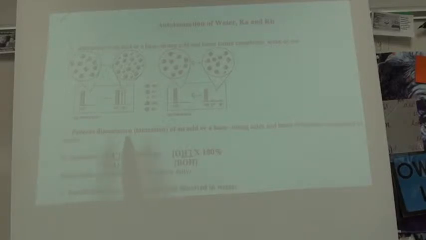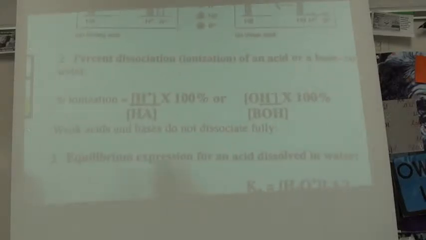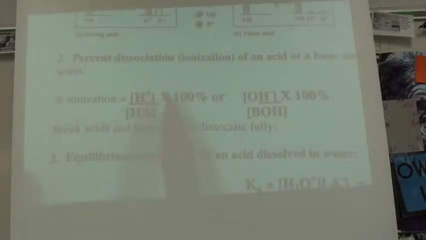For anything that is weak, that would be the opposite of the strong, you can use this formula. The percent ionization of an acid is equal to the concentration, remember brackets denote molarity, the molarity of the hydrogen ion over the molarity of the acid that you started with.